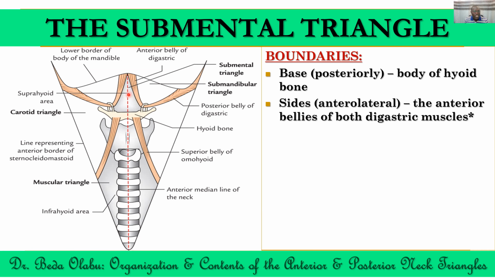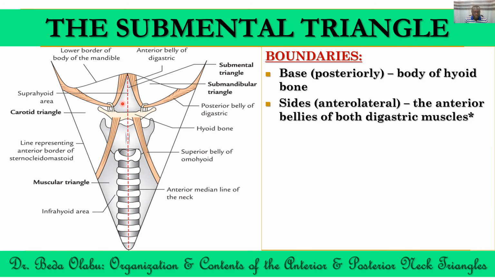But you can also look at the submental triangle as just a triangle on one side. In which case, then you'll say that we have two submental triangles, the right and the left submental triangle. If that is your approach, then you'll introduce this one as a boundary, the midline of the neck. And so you have this triangle and that triangle.